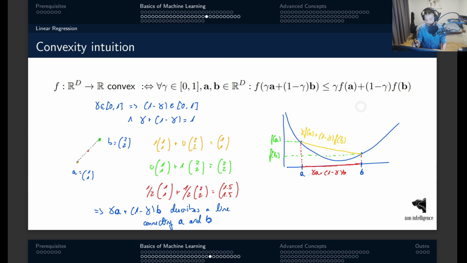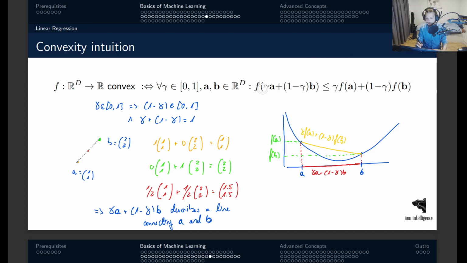Now let's have a look at this illustration. We have on the x-axis some just one-dimensional points A and B. And on the y-axis we have function values with the values on the x-axis as input. And we have this function. It will turn out to be convex. We will see that in a moment. And let's just find points A and B and the corresponding function values fa and fb. Now in convexity we have this inequality.